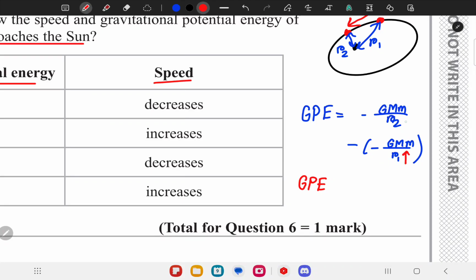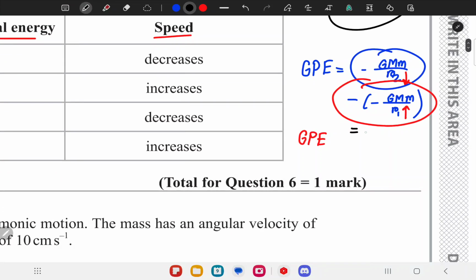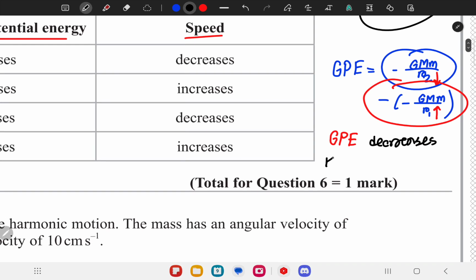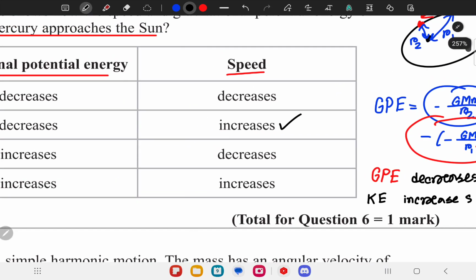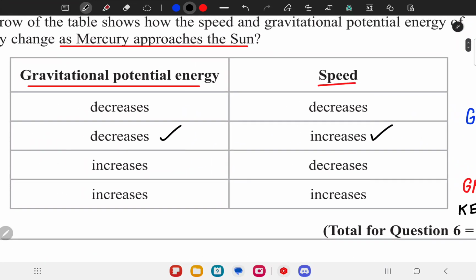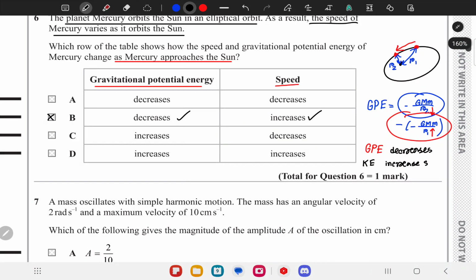R1 is larger than R2, so this value is bigger than this value. So the change in GPE will be negative, which would mean that the GPE decreases. If the GPE decreases, the KE must increase, and if the kinetic energy increases, the speed will increase. So the speed should increase and the GPE should decrease. So option B is our answer.